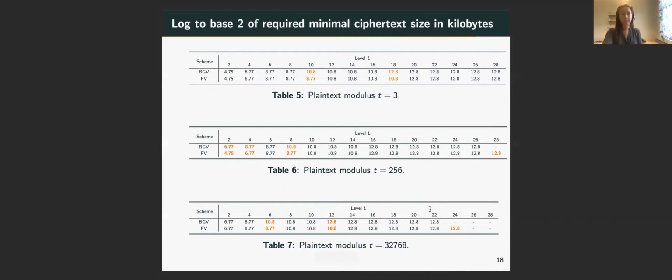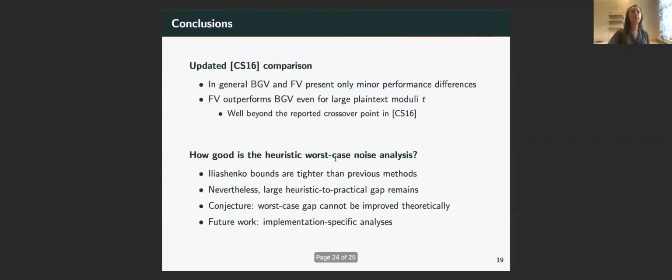And so overall, they are very, very similar, although we do see a slightly better performance from FV compared to BGV. But it's worth noting that this is beyond the reported crossover point in CS16, where we'd found that for large plaintext moduli over around 10 bits, BGV really outperformed FV. So this does slightly change those conclusions.